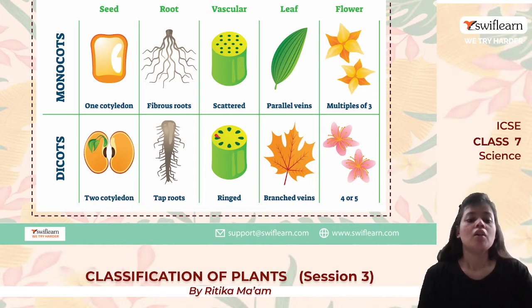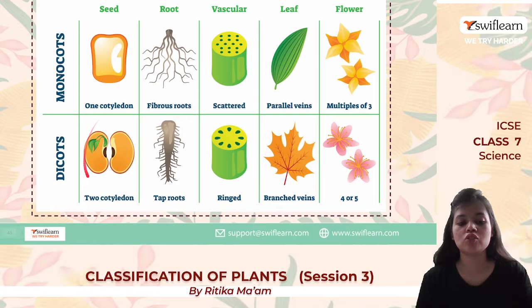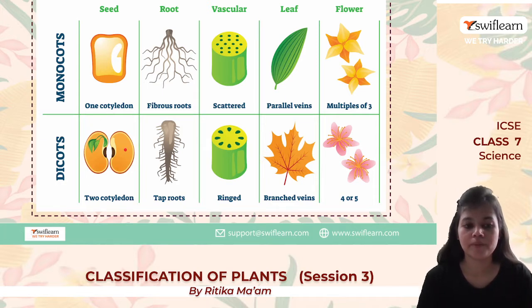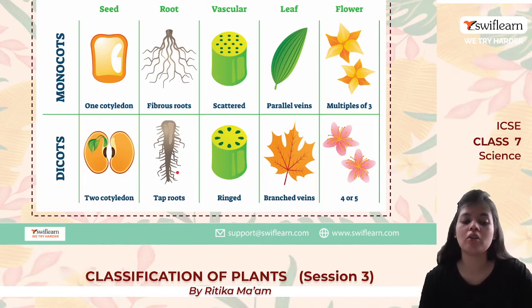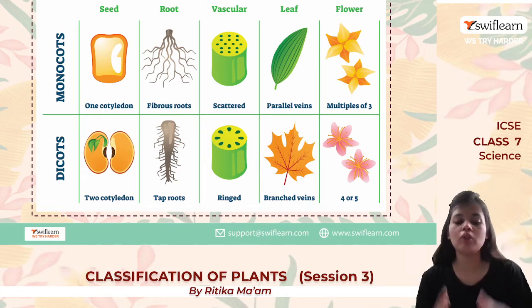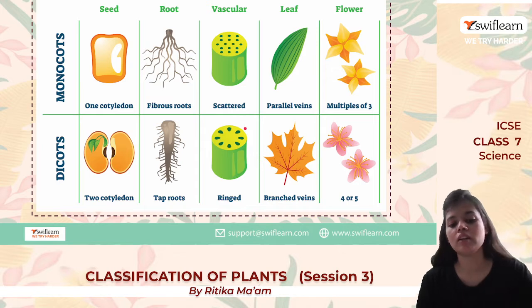Now, the monocot seed has one cotyledon, and the dicot has two cotyledons. You can see it over here. Monocot roots are generally fibrous roots, and in dicots we have a tap root, in which one is the main root and the others are secondary roots. The vascular tissue is scattered in monocots, but in dicots it is ringed.